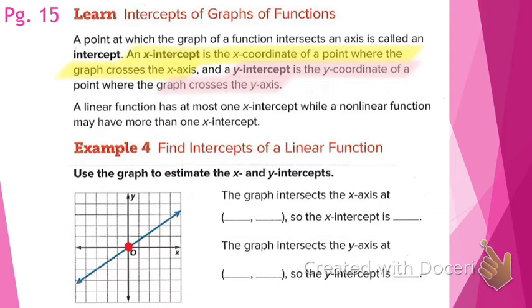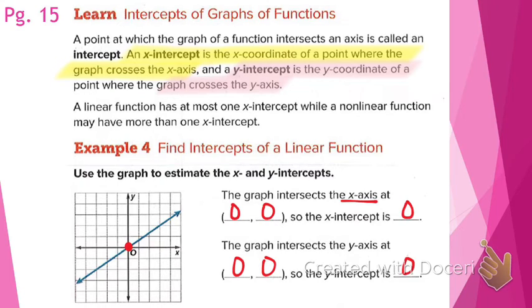So this graph intersects the x-axis at 0, 0. So it has an x-intercept at 0. And it also intersects the y-axis at 0, 0. So your y-intercept is 0.